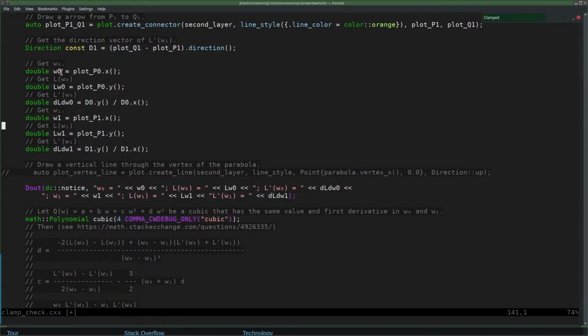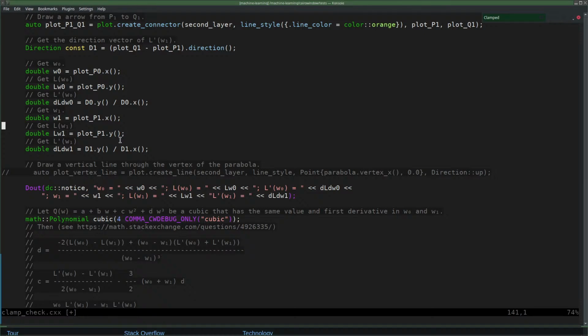Then W0 is per definition the x-coordinate of the point P0. And the y-coordinate is LW0, and the derivative is given by the y divided by the x-coordinate of the unit vector D0. And the same here.